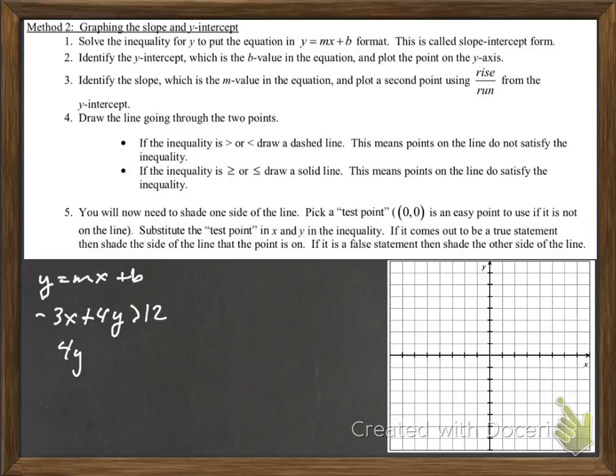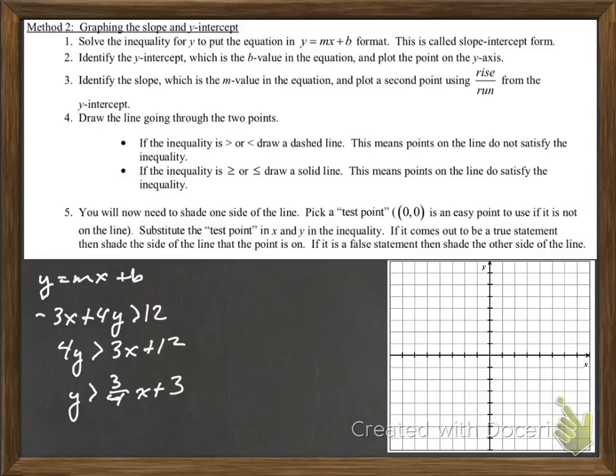So we would add the 3x over to the other side, giving you 3x plus 12, and then you would divide by 4, giving us 3/4 x plus 3. So the 3 right here represents your y-intercept, and 3/4 represents your slope.